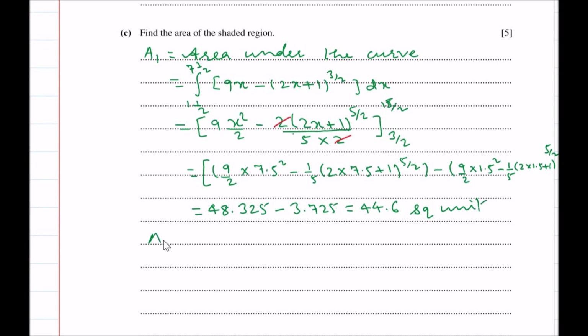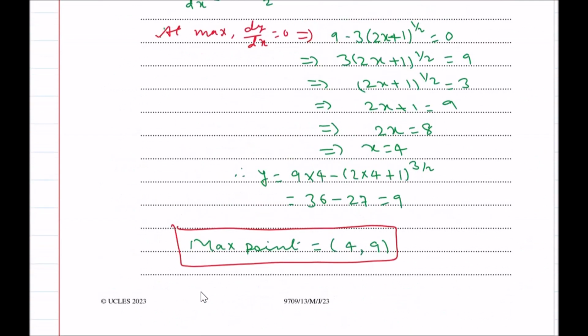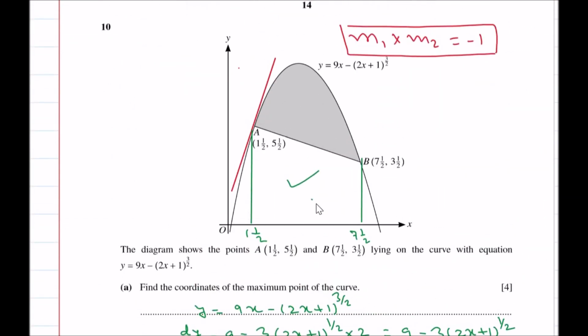Now A2, area 2, that is area of trapezium. Trapezium, half into sum of the parallel sides. Let us see the diagram. Parallel sides are these two green lines which I drew.